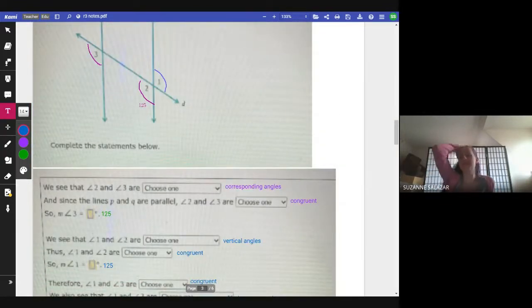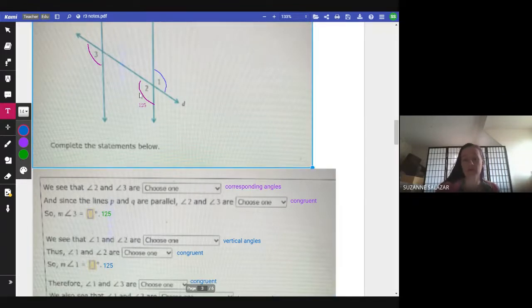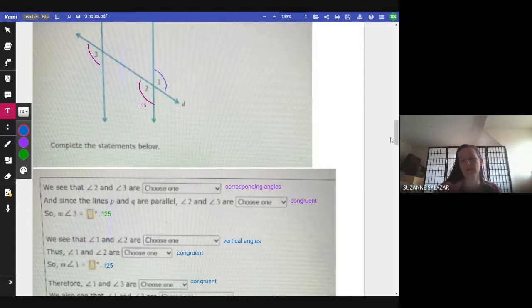But this is basically walking through the proof of why the angle pair relationships work, because the angle pair relationships are based off of corresponding angles and either vertical angles or linear pairs, depending on what branch of geometry you look at.